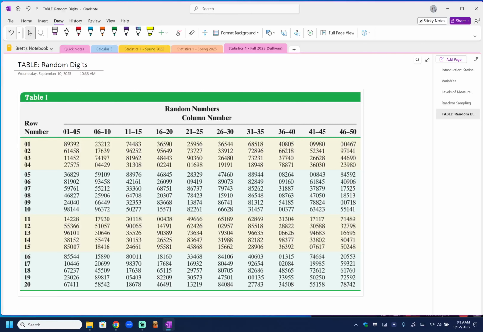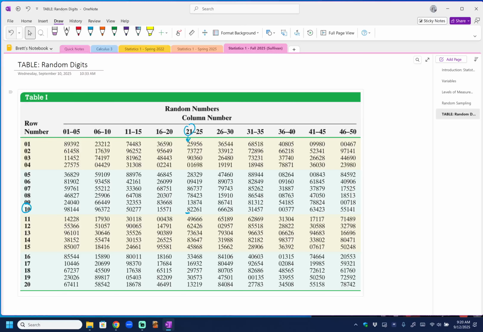Okay, so when you're actually asked to use the random digit table, what you will be presented with is a row and a column number to start your selection process. So, for example, I could be given row 10, column number 21, which is going to be this one right here, which means we would be starting basically right here.